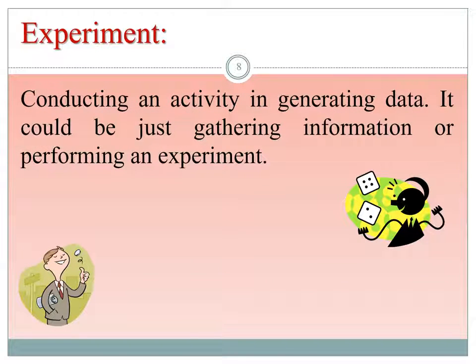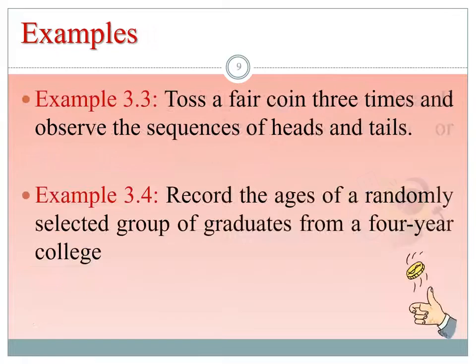Alright, so first we are going to discuss some definitions. First definition, experiment: conducting an activity that generates data. It could be just gathering information or performing an experiment. For example, toss a fair coin 3 times and observe the sequence of heads and tails.